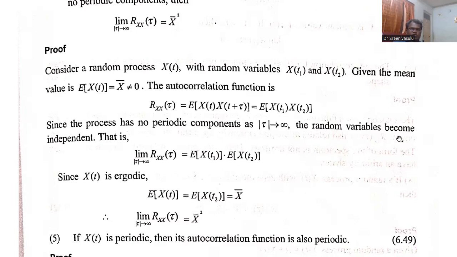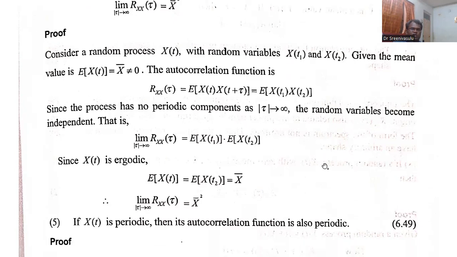Since the process has no periodic components, as tau tends to infinity the random variables become independent. Whenever they are independent, we can write the expectations separately. We know the expected value of x of t1 or x of t2 is nothing but the mean value. So whenever there are no periodic components, it is independent, and then it is the mean squared.